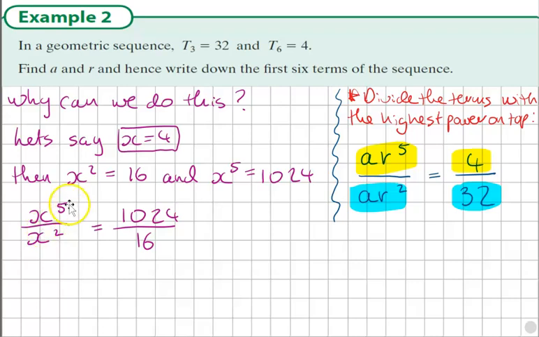The main thing to do is make sure that the highest power is on top. Whatever the highest power is, that goes as the numerator. And whatever that was equal to goes as the other numerator on the other side of the equals. And likewise for the denominator, the lower power is the first denominator on the left-hand side, and whatever that was equal to is the denominator on the right-hand side.